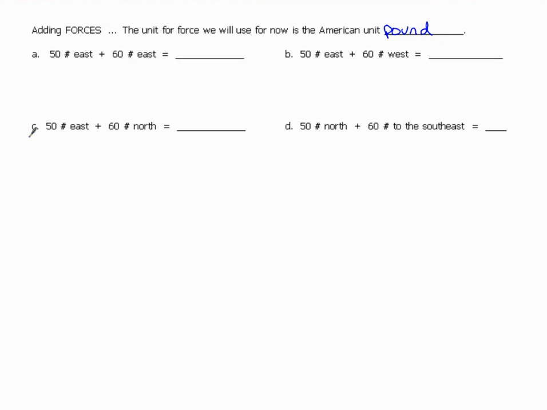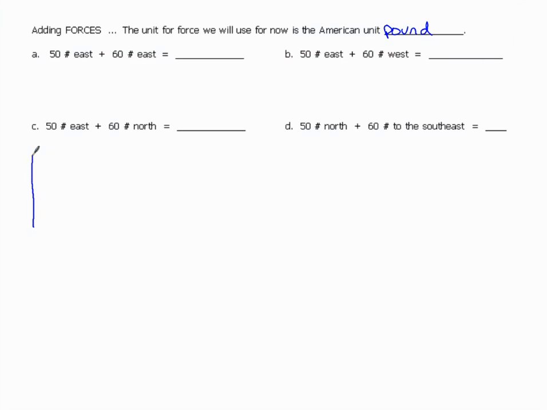So in Part C we have 50 pounds east plus 50 pounds north, and we want to know the resultant vector, or the sum. So first let's draw a picture here.